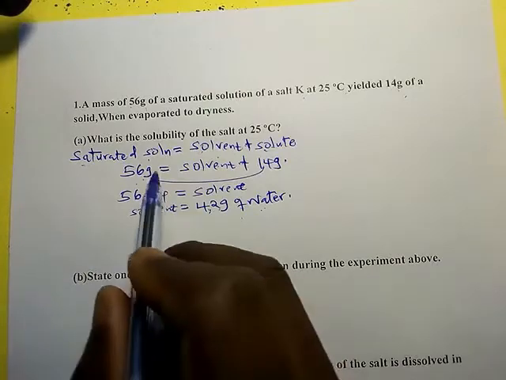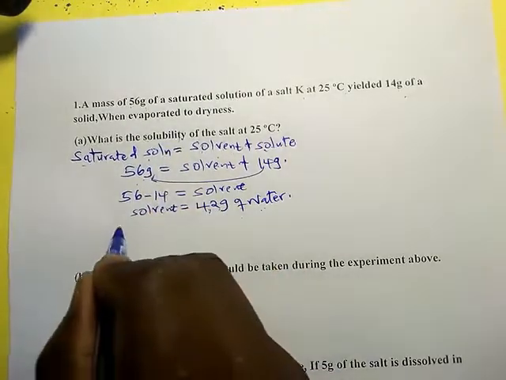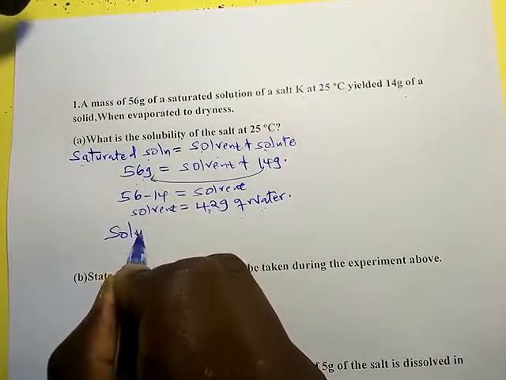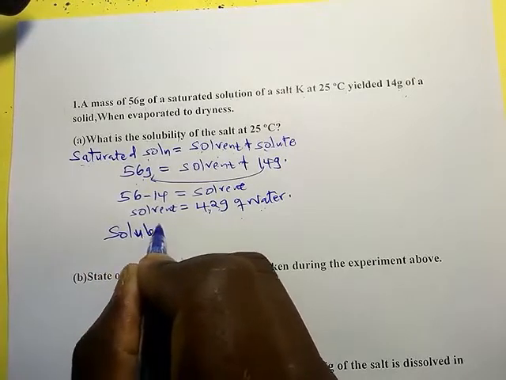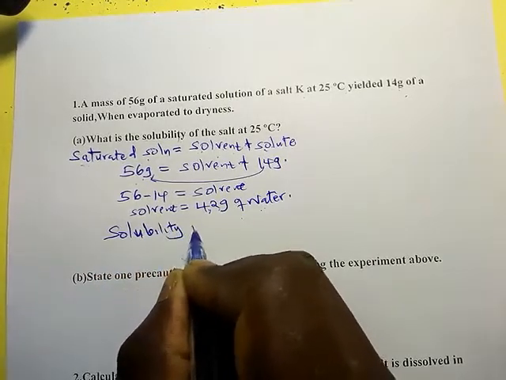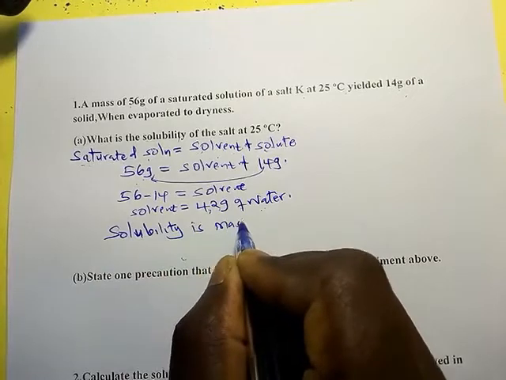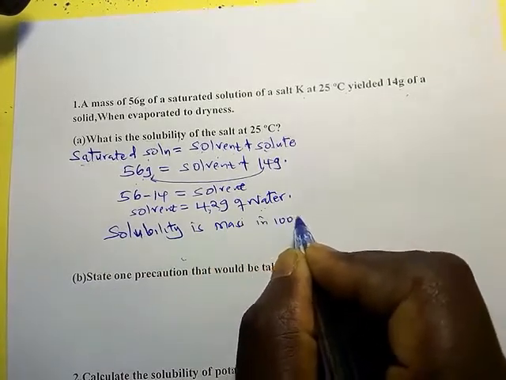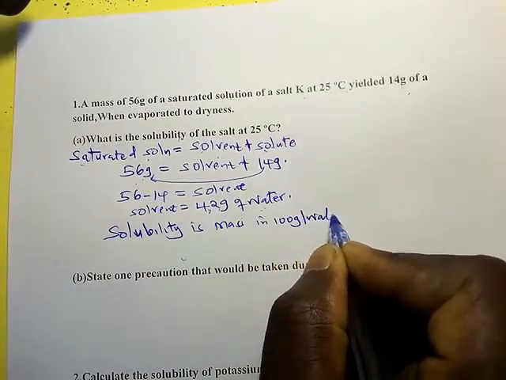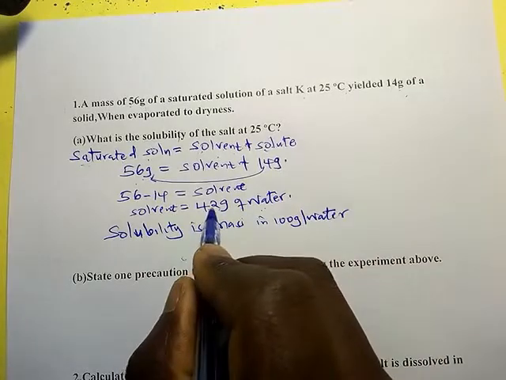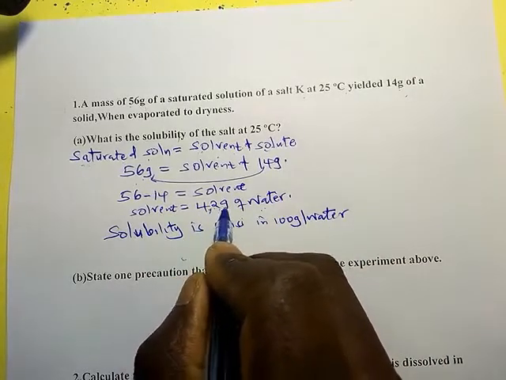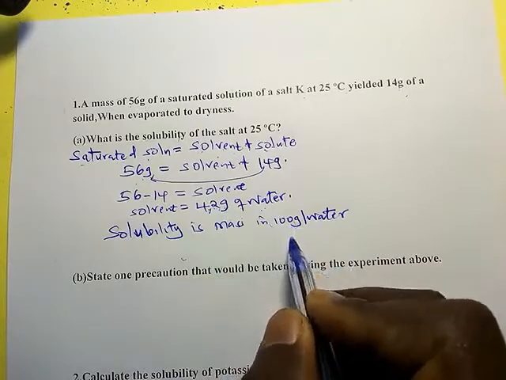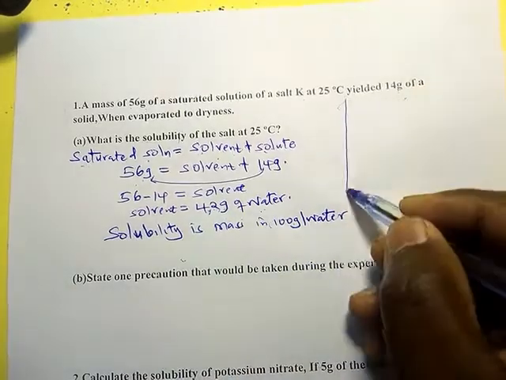Now the question is, what is the solubility? Solubility, like we have defined it, is the mass in 100 grams of water. But we have a certain mass in 42 grams. Now we ask, what about 100 grams of water? And that is the solubility.